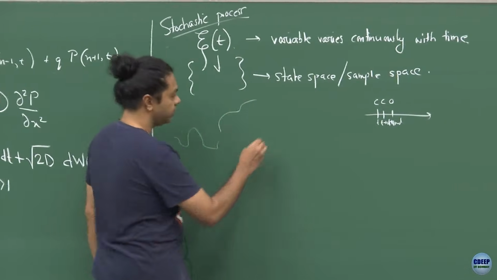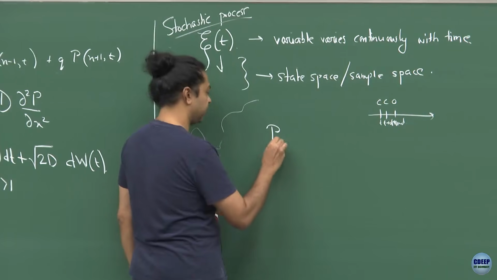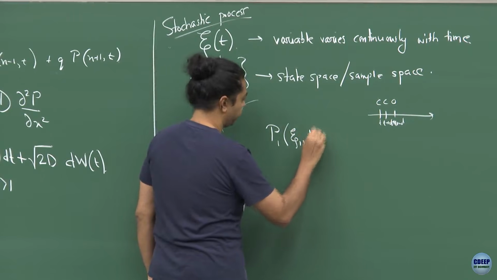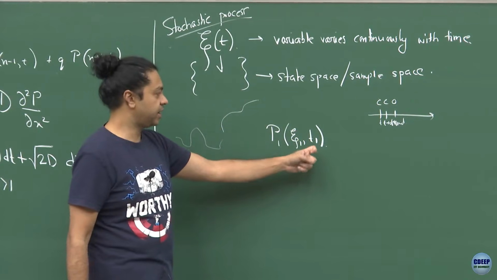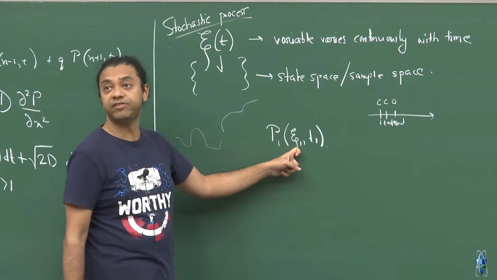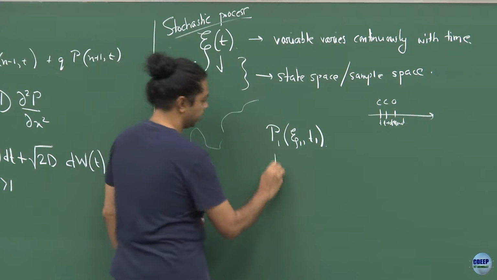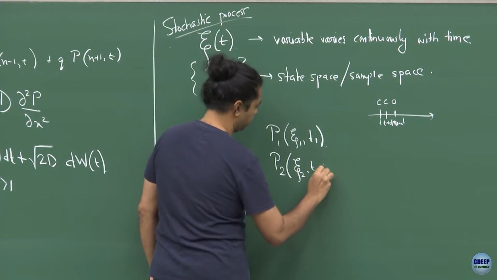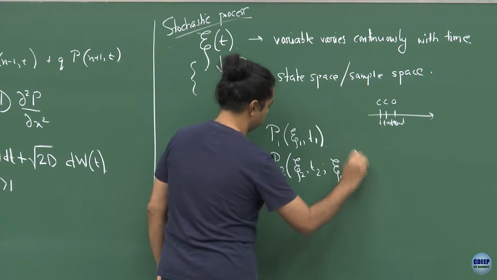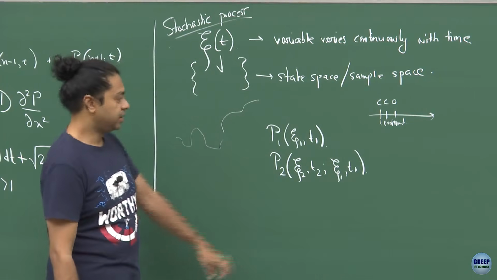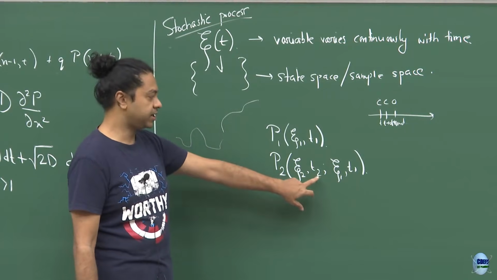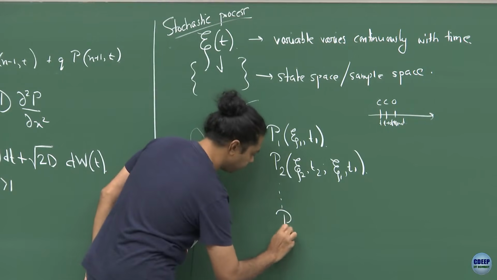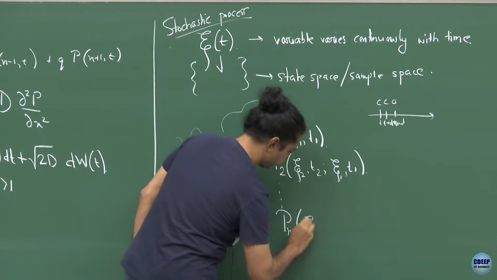to specify probabilities, and in general I would need to specify, let us say, probabilities P1 of it being at some state xi 1 at some time T1, then something like xi 2 T2, xi 1 T1, right, that it was at time T1 in state xi 1, but at time T2 it is now in state xi 2, and so on and so forth, all the way up to the nth.